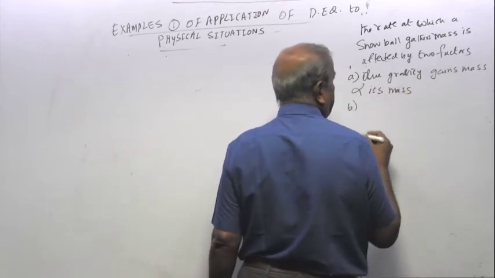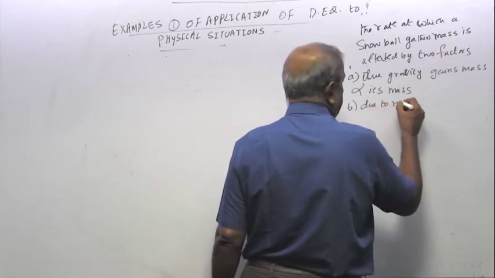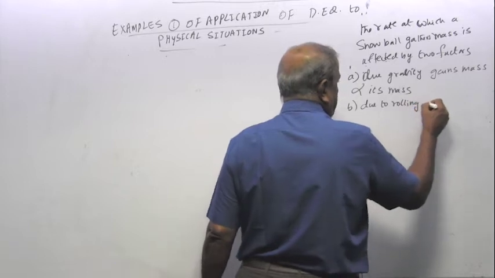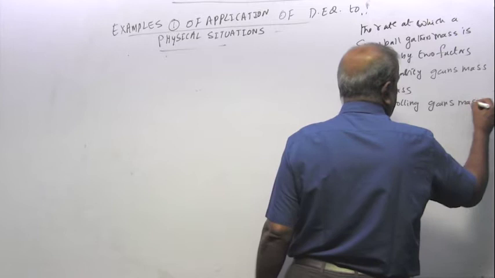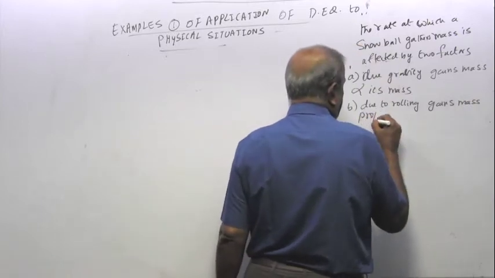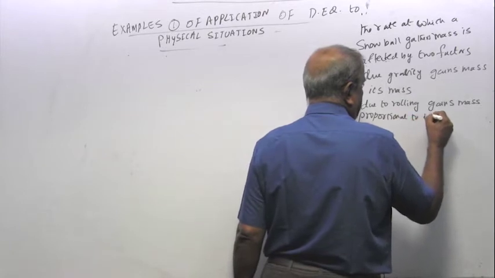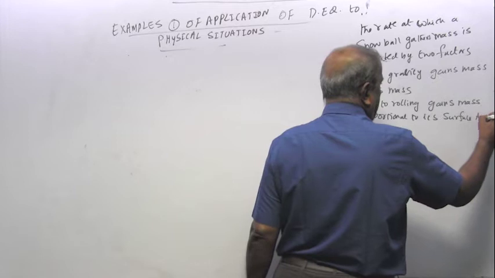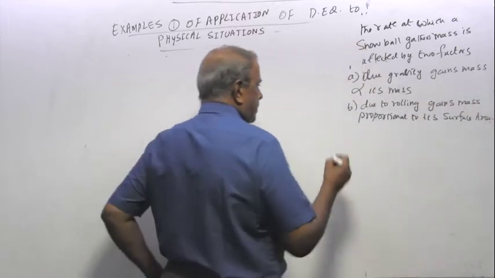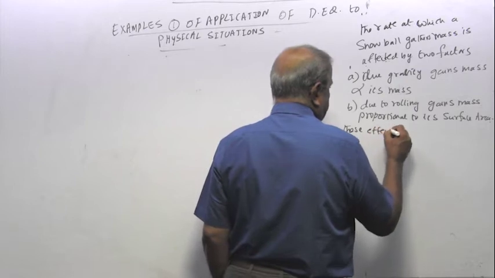Part B, due to rolling, it gains mass proportional to its surface area. Okay, these effects can be added.